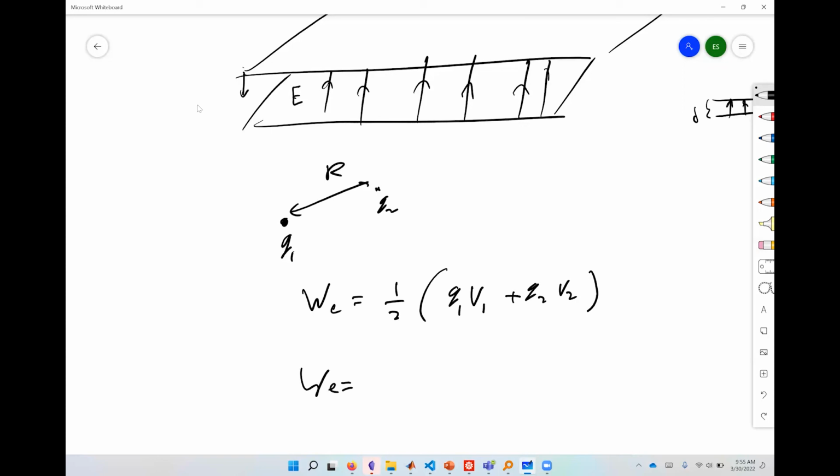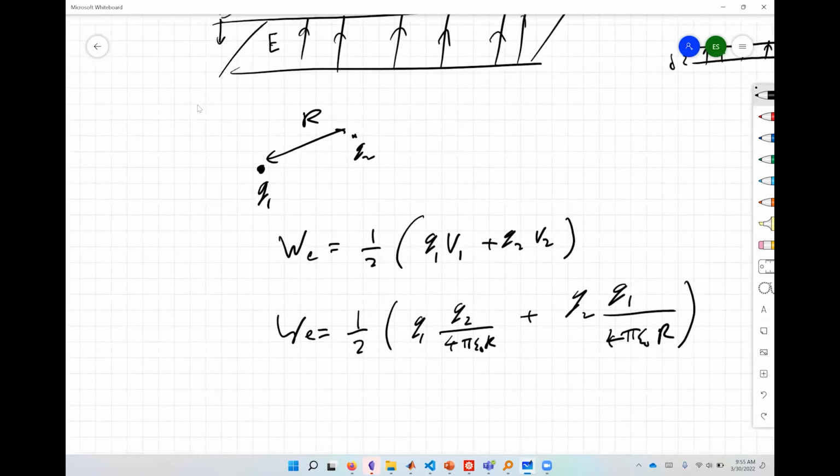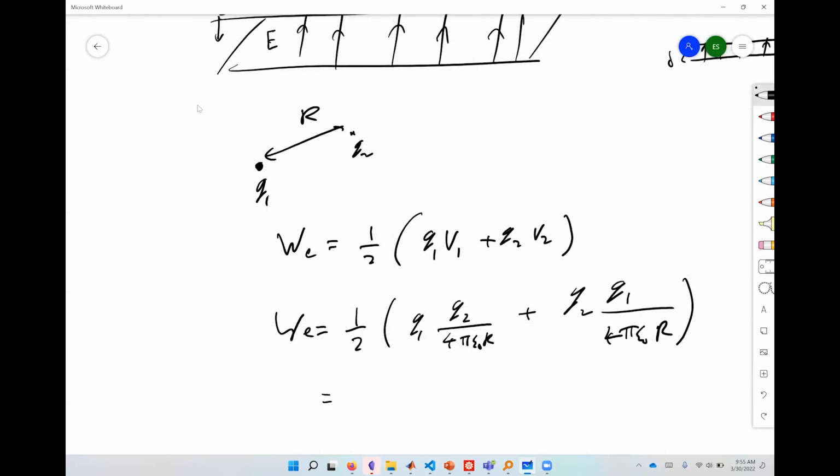So WE is half Q1 Q2 over 4 pi epsilon naught R. If Coulomb's law does not result from this, then everything we're talking about doesn't make sense. It's not consistent. This equals half plus half, so this becomes Q1 Q2 over 4 pi epsilon naught R joules.